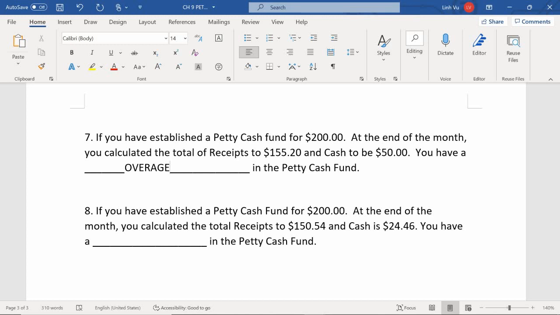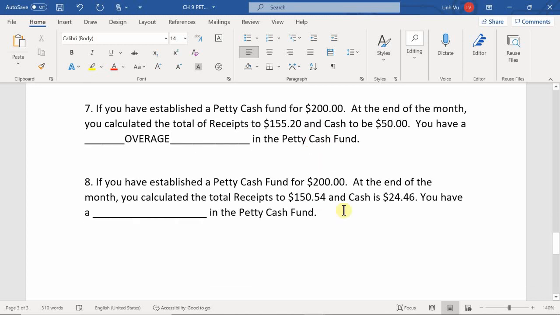But in this case, you had the expenses to be 155, and of course, you have $50 remaining. So in this case, you do have an overage. Because your total amount that you have now is $205.20 when it's supposed to be just 200.